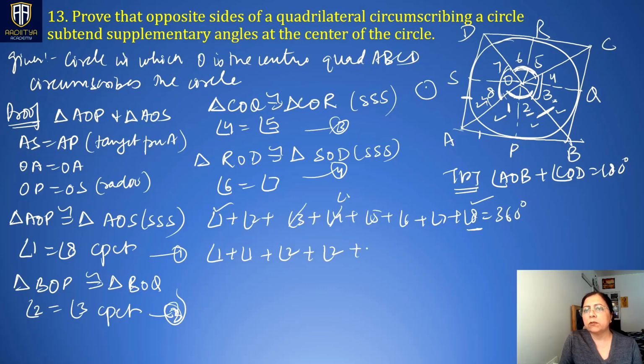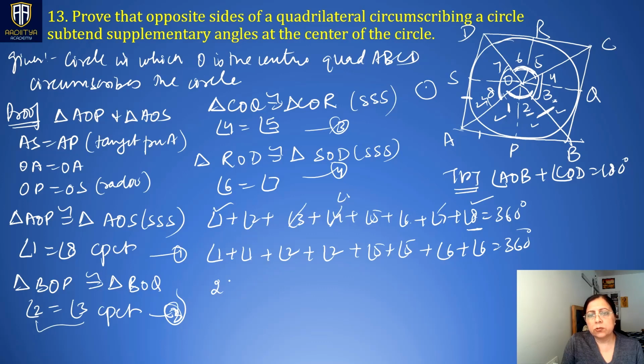You will see why I am doing this. 6 is equal to 7, so I am eliminating 7 and writing it as 6. We have got the same angles. I am just writing these equal parts and eliminating those which are not required right now.